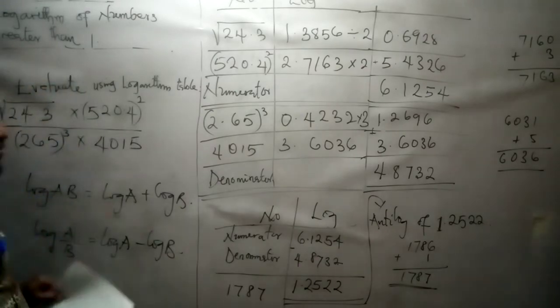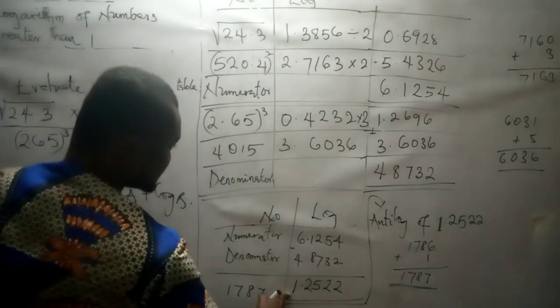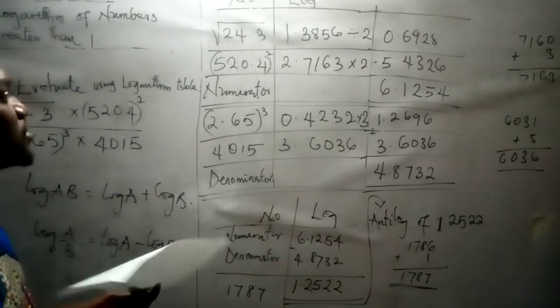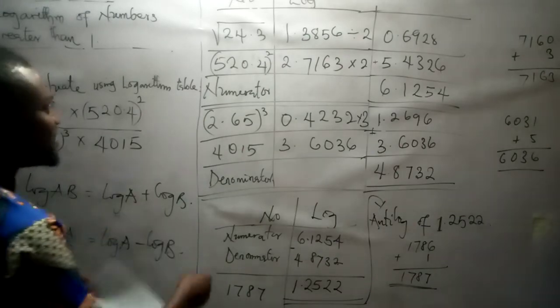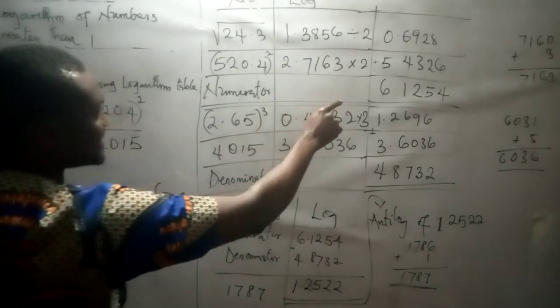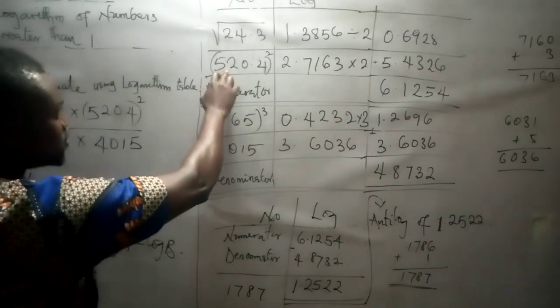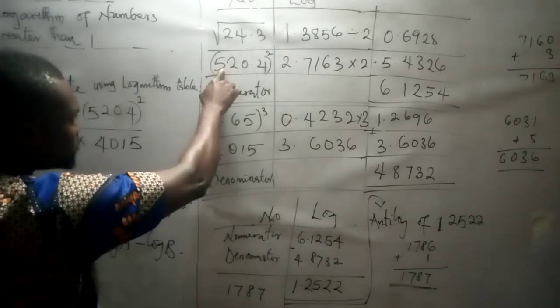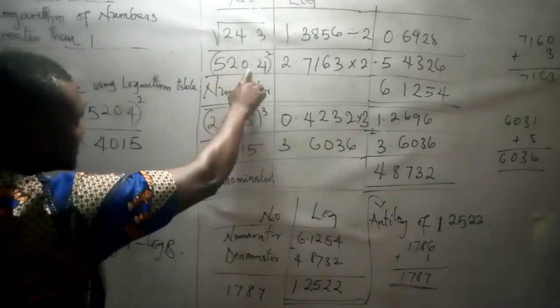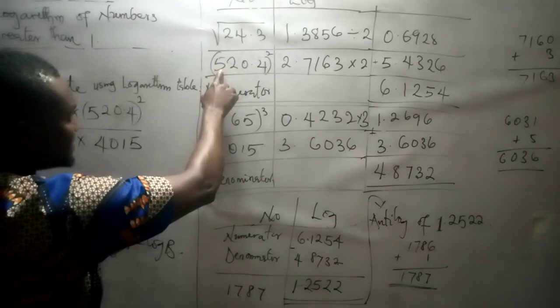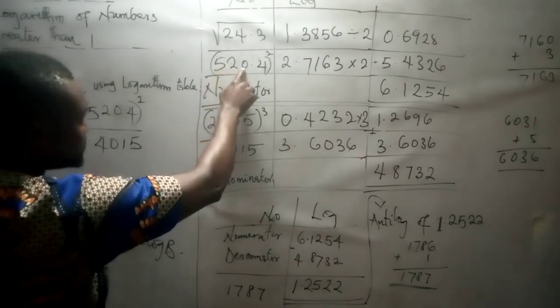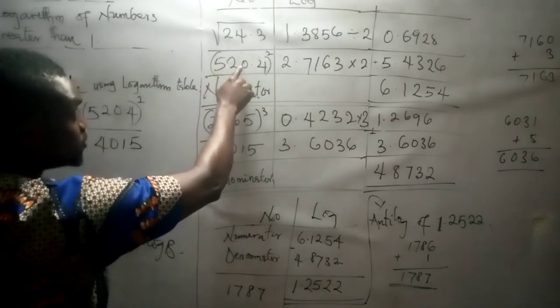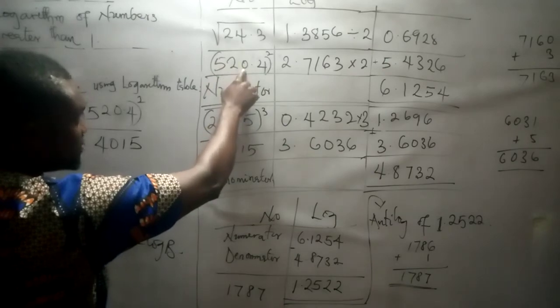So, bringing this back to the number given, we have 1787. Now, the use of these characteristics, you remember, based on what we are doing so far, getting the characteristic is equivalent to subtracting 1 digit out of the digits. Like here, the characteristic is 2, but we have 3 digits. So we have 2.